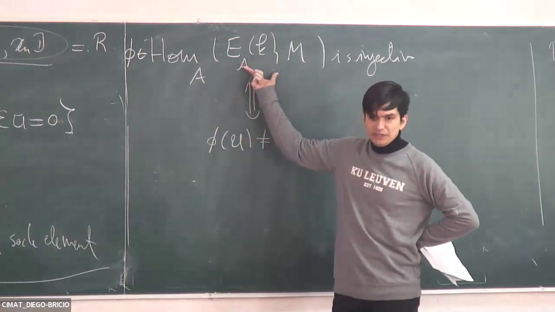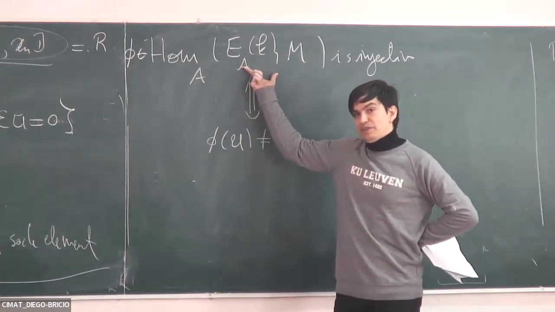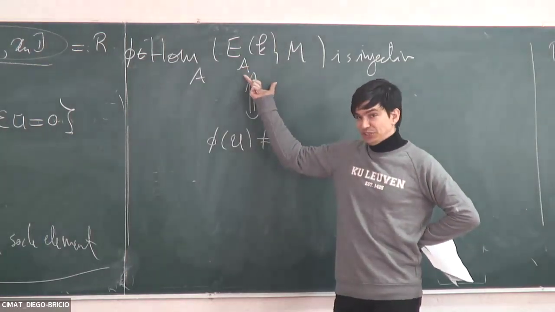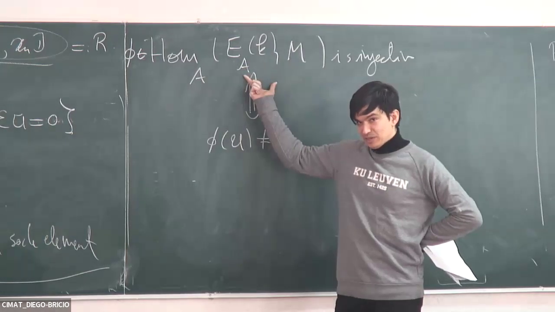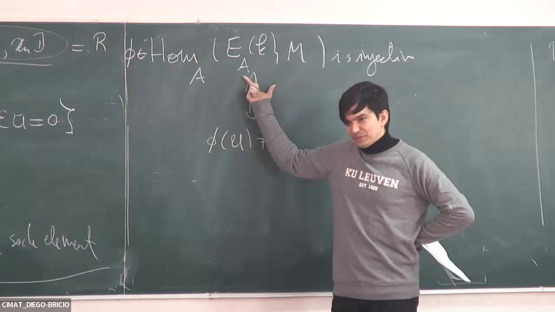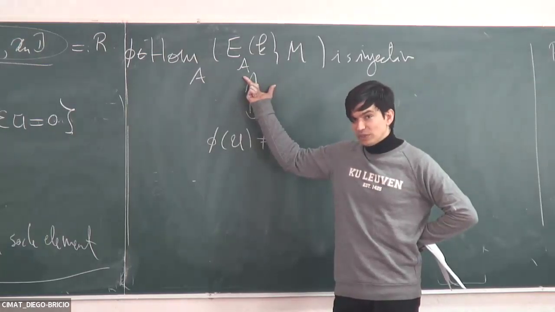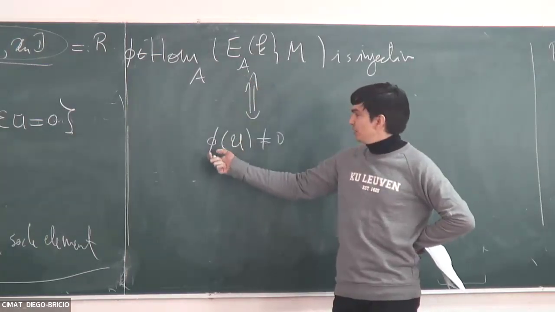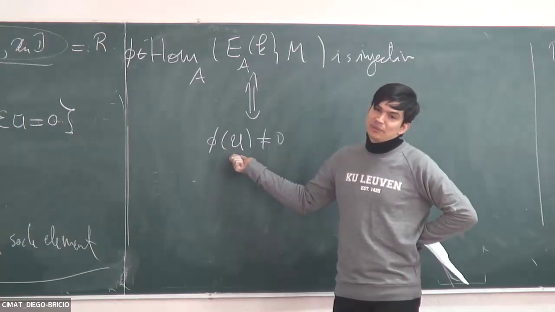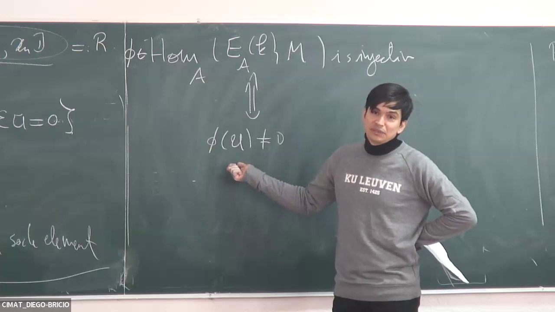Just take the kernel of Phi. If it is not zero, it has to intersect K non-trivially, because E is an injective hull of the residue field. So a multiple of U has to be there, and so U has to be there. So Phi of U has to be zero if it's not injective.